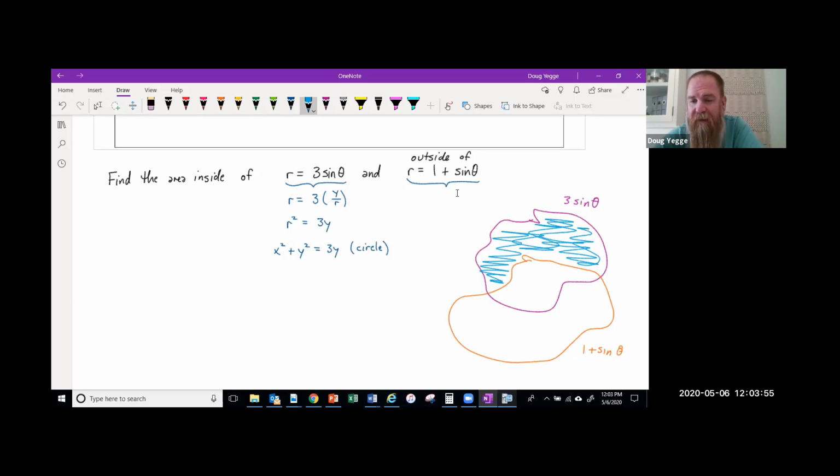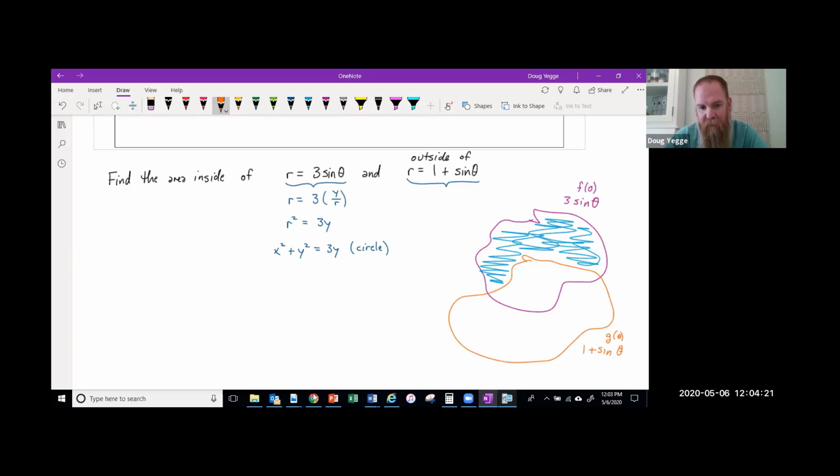Because it's inside of the purple, but outside of the orange. So even if you don't know what these graphs look like, you should be able to recognize what that means. And we should be able to recognize that this here is going to be my f of theta, or my outside one, while this right here will be my g of theta, which is my inside one.